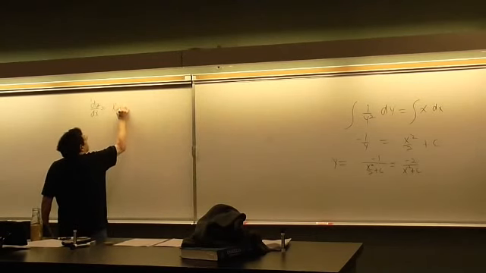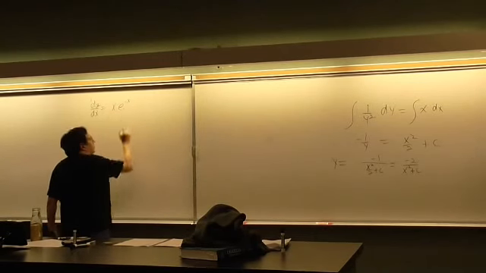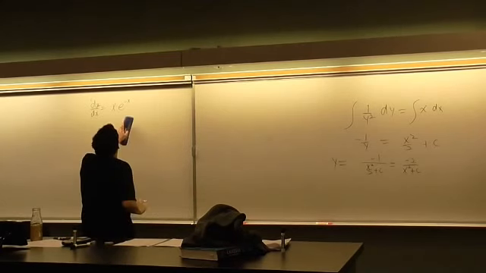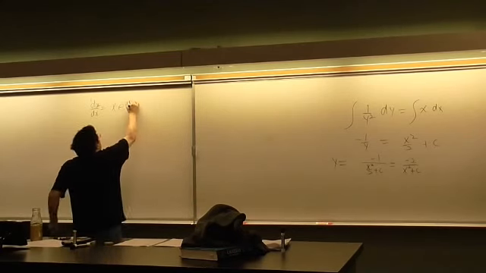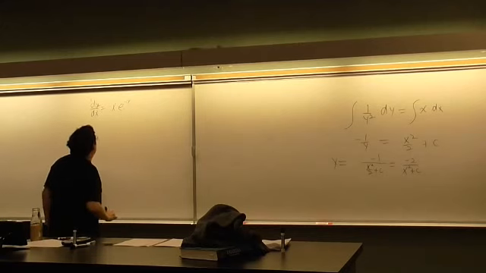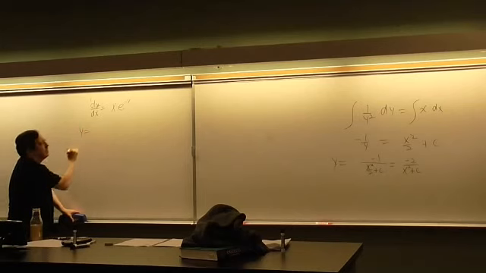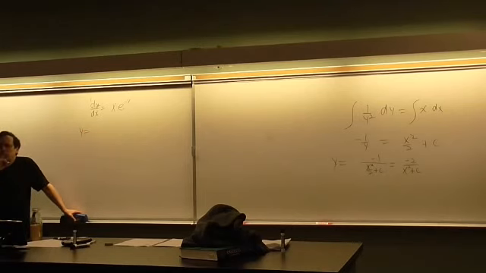okay, x e to the negative x, is that it? No, e to the negative y. Okay, that's very different. Okay, does anyone have a candidate solution for this? I know you do.